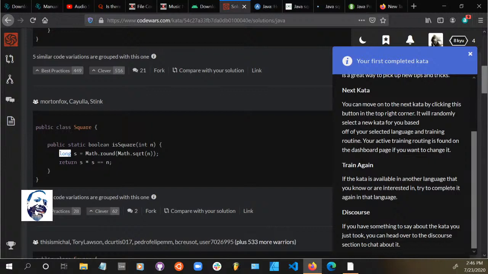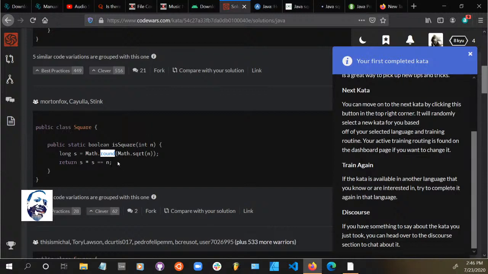Apparently, they're using the long data type because I'm just going to guess that this rounding method uses a long data type. So they're rounding the square root, and then they're saying if s times s is equal to n, then yeah, it's a perfect square.